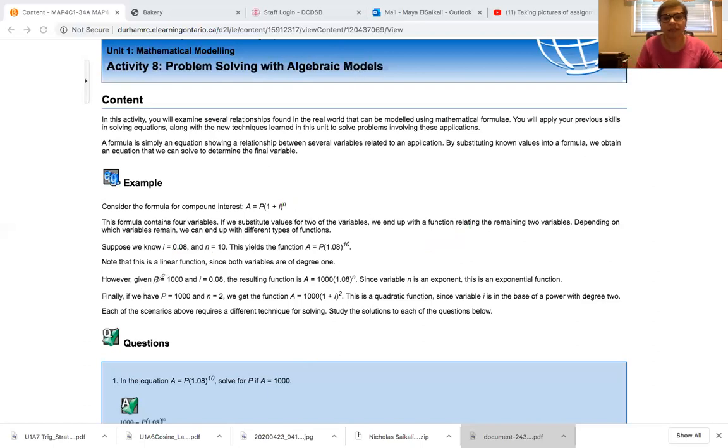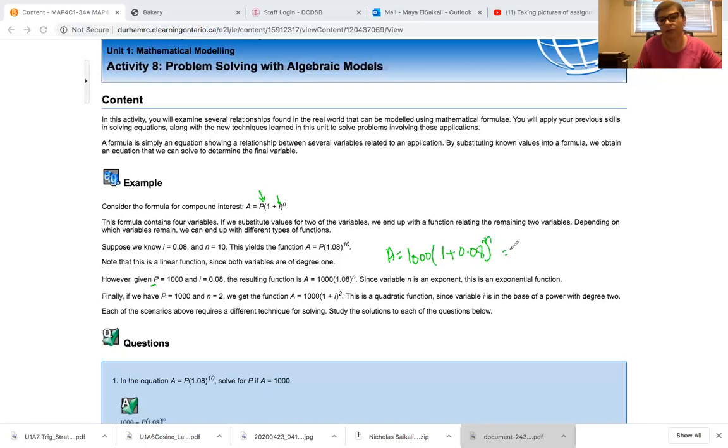Now, however, if they give you P is 1,000 and I is 0.08, okay? So you're replacing P with 1,000 and you're replacing I with 0.08. So you're going to end up with an equation that looks like this. A equals 1,000 and then 1 plus 0.08 to the power of n.